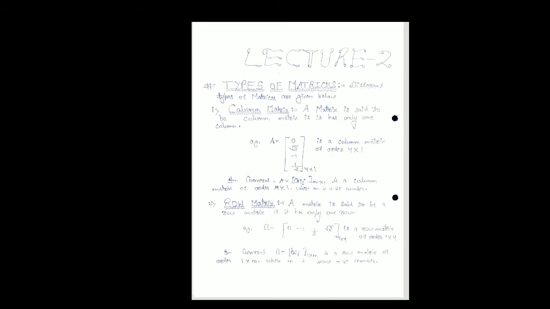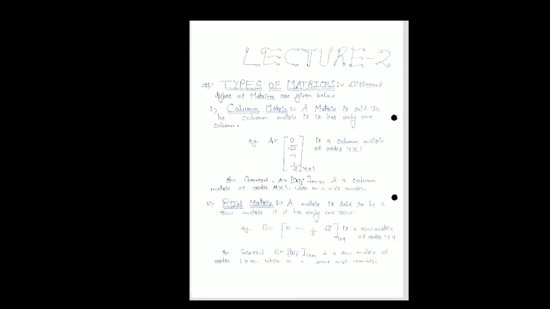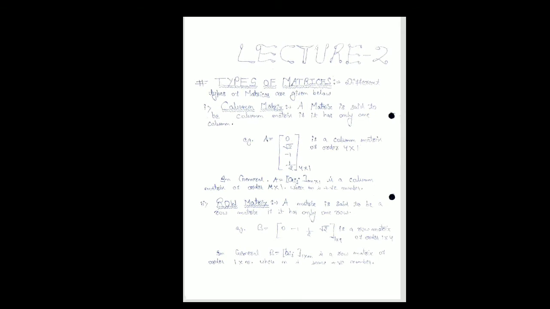It means there are 4 rows and 1 column in that matrix. So we can call this matrix a column matrix. In general, we can say that any matrix whose order is of the form m cross 1 is a column matrix, where m is some positive number.